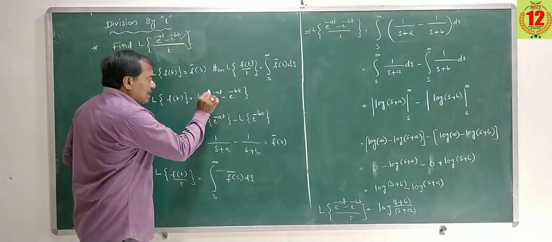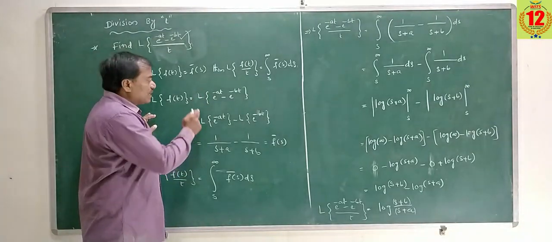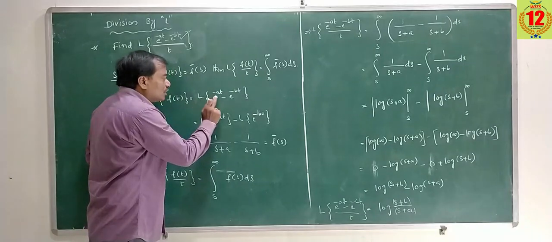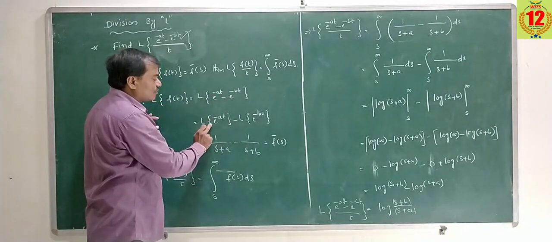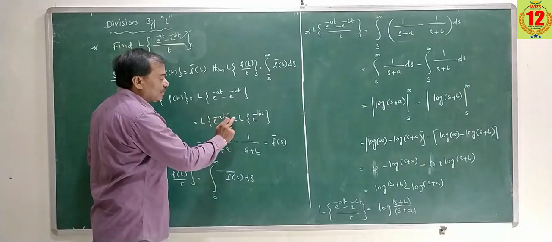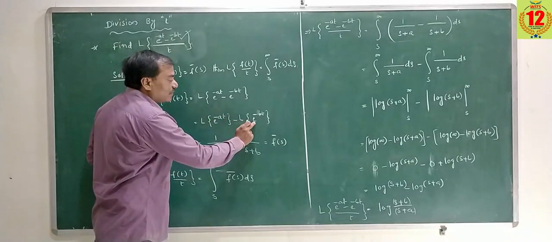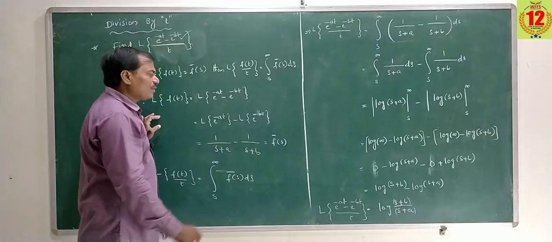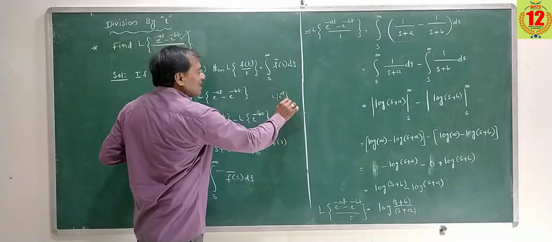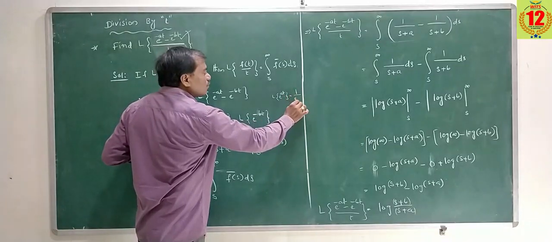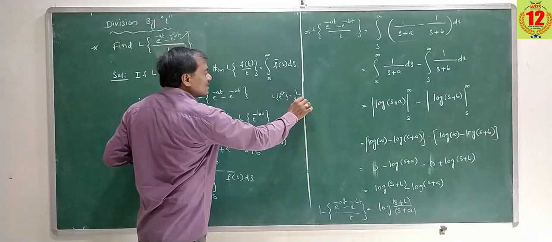Now we write the Laplace transform of the given function as the Laplace transform of each exponential function: the Laplace transform of e power minus at minus the Laplace transform of e power minus bt. We know that the Laplace transform of e power at equals 1 by s minus a.